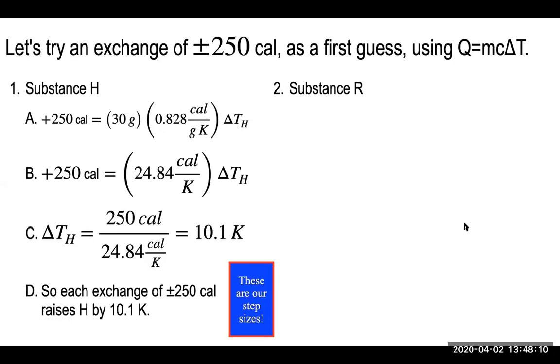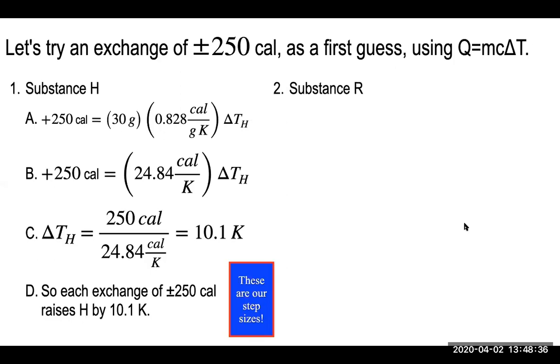But you do want to make a good guess, and you'll know immediately, if you know the size of the gap you're trying to close, whether your delta Q is too big or too small, because it will give you delta T's like here, 10.1. That's not bad.